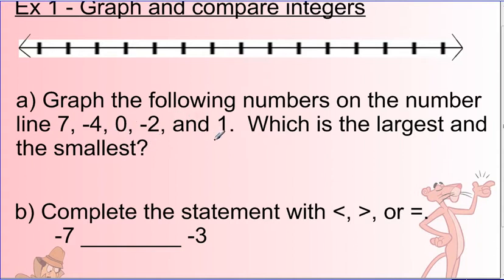Now, when you're talking about positives and negatives, the smallest number is the number that has the most negatives. The more negatives a number has, the smaller it is. So out of these, -4 is the smallest. And I'd put the smallest down here someplace. That's fine.